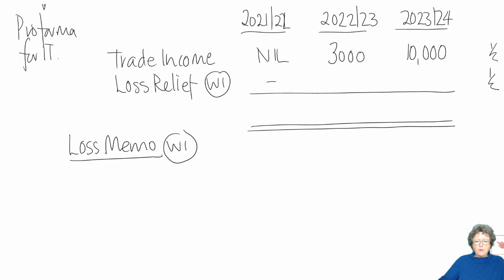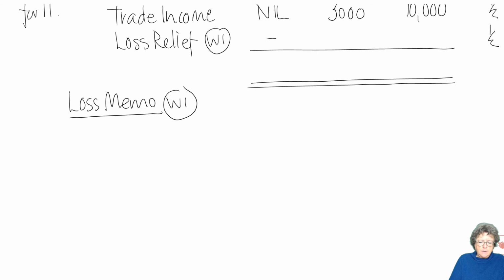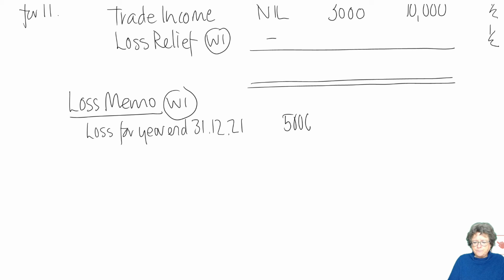So what we do is we outline the loss for the year ended 31st of December 21, and that loss was £5,000. That's important if you've got like 2 losses, you need to do them in chronological order, you need to separate them all out.